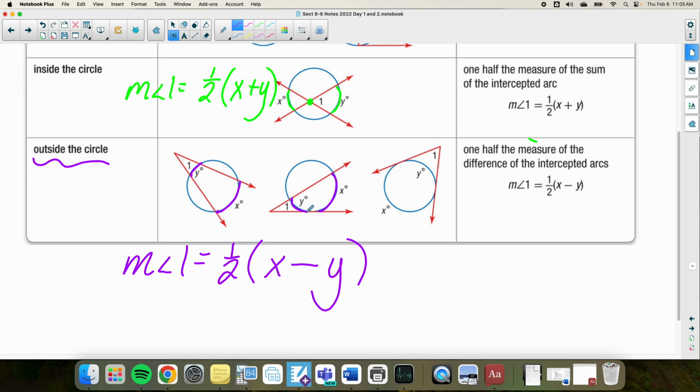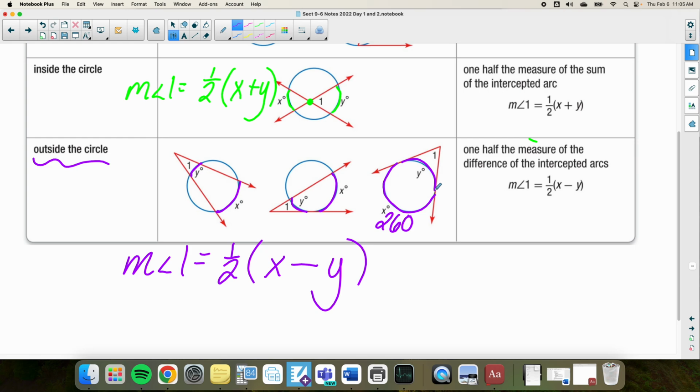And then we're gonna have a couple like this too, where you have two tangents to this circle. And what would happen here is you would take this, and let's just say that that was 260, okay? What do you guys think this would be? 100.